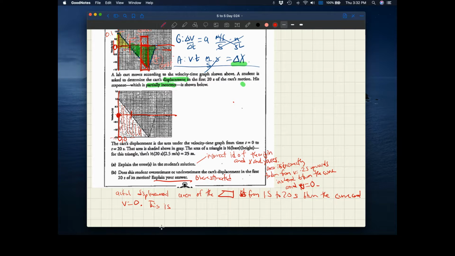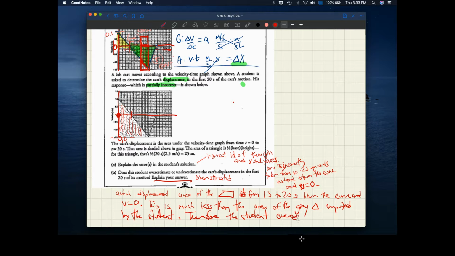This is much less than the area of the gray triangle computed by the student. Therefore, the student overestimated the displacement. So notice the key parts here of my answer.